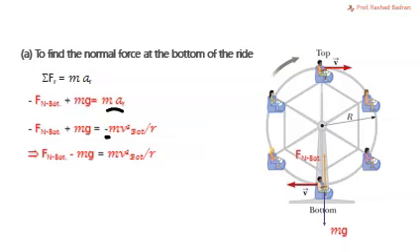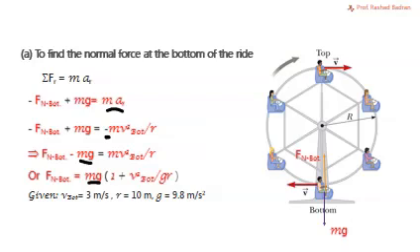Now when we take this one to the other side, we have a common factor of mg, and the answer is expressed in terms of mg only when you substitute all the given values in the problem.